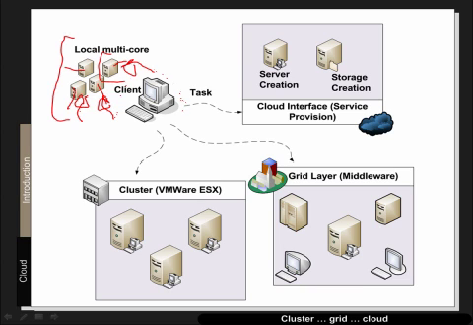What we can also do is use a clustered machine. In this case we might use VMware ESX and we can give a task to this cluster. The cluster behind it has multiple machines. So if one machine fails, then the other machines will take on the task.